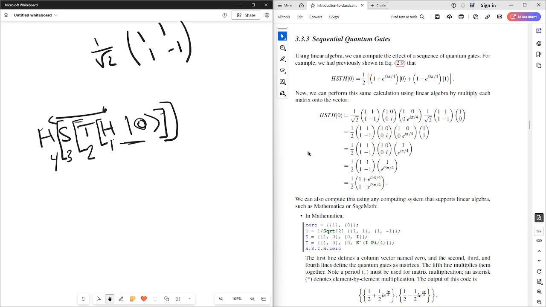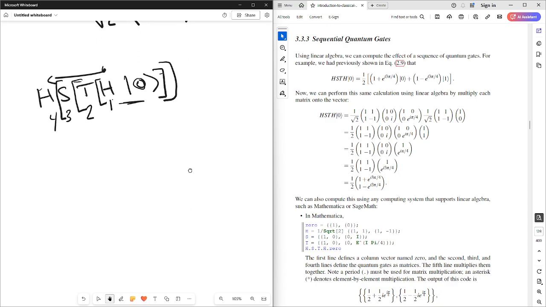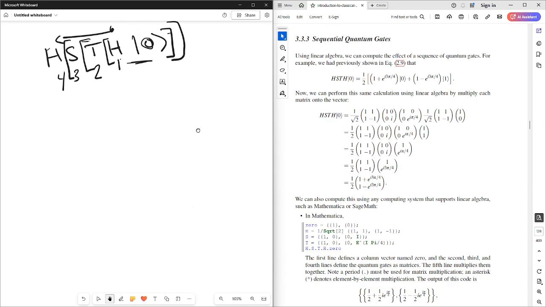So we will work through this example. We've got 0 as our starting state. We know that when we apply a Hadamard gate to 0, we wind up with an equal superposition of state 0 and state 1. Now we will apply the T gate to this superposition.